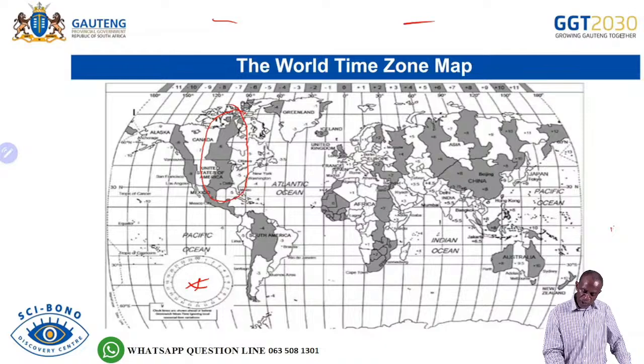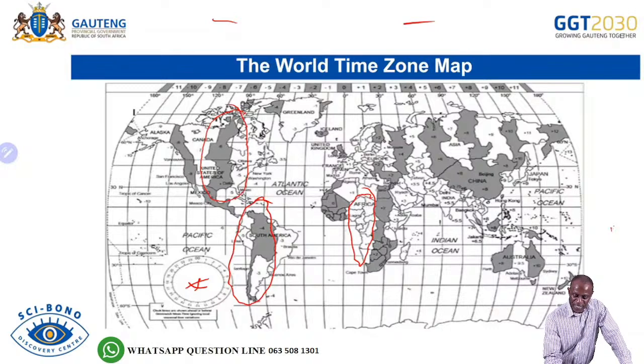Elsewhere there are no shades at all. So these shades that you find in this time zone map group areas which have common time or which derive their time from the same line of longitude.